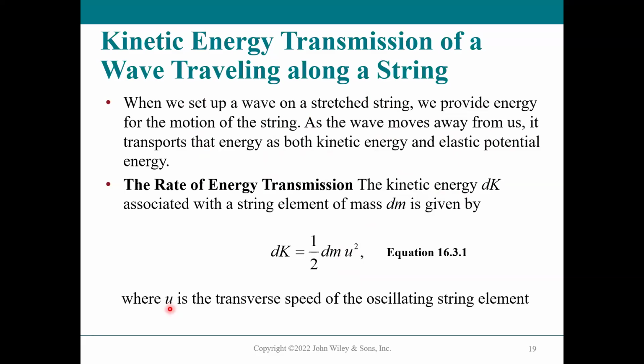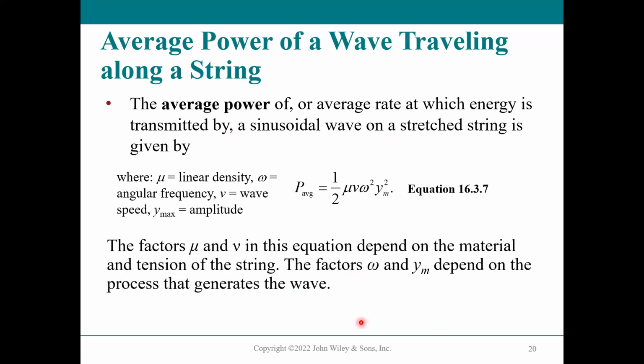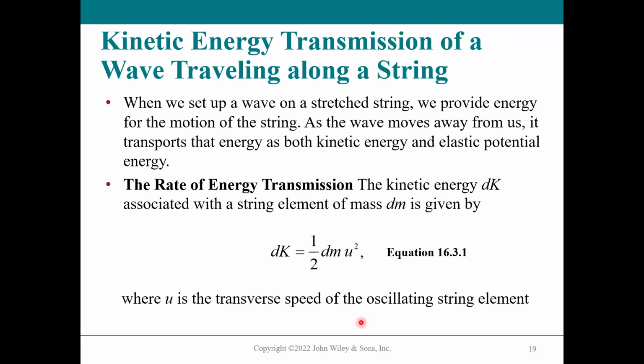So u is the transverse speed of the oscillating string element. This one is the rate of the traveling wave, right? dK is half dm u squared.